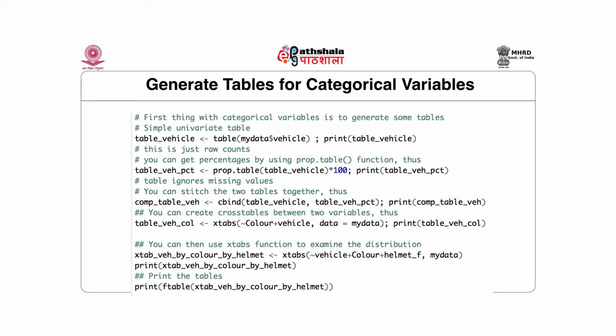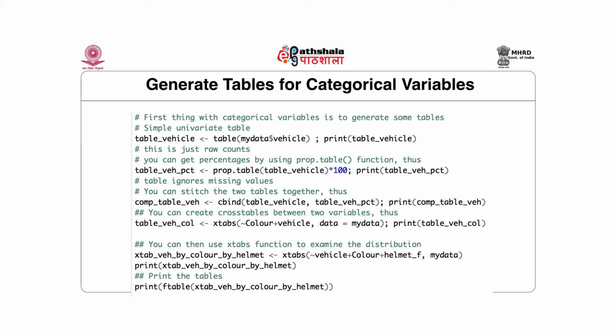For that, we use what is known as a column bind of two matrices, put them together, let's say cbind. Then we put the table vehicle, which is the matrix that is the product of the table function, and we create the prop.table times 100, the proportions, and then we bind them together. In this way, we get a very neat table with the raw numbers and the percentages. You just do it yourself and can see what I mean by this.